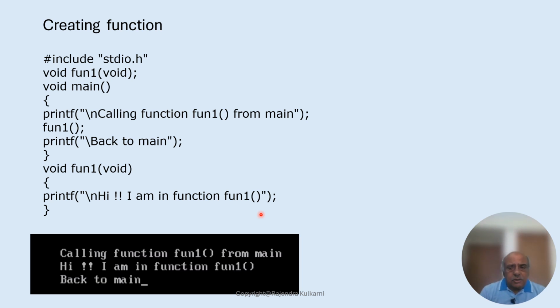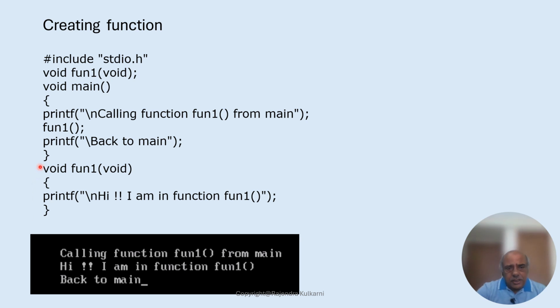This is the screenshot after running the program, screenshot of the output screen. What it does is it first executes this printf statement in main, which gives us this output, calling function fun1 from main. Then it executes the function fun1, in which there is one simple statement which appears as the output here.